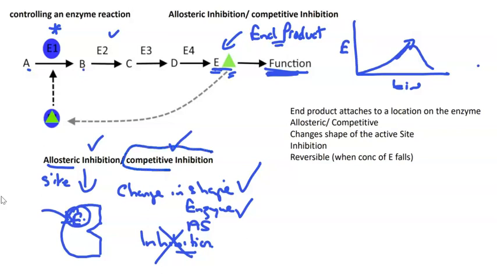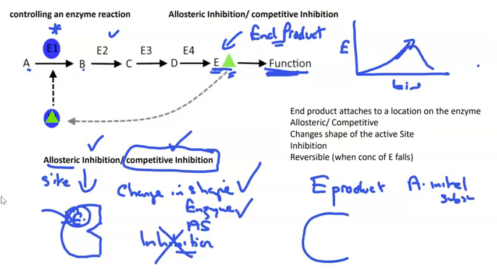Alternatively, we could have competitive inhibition. Now in this case, the competition is between E, the product, and A, which is the initial substrate. And of course they're competing once more for the active site.